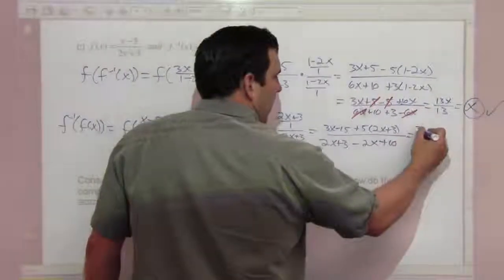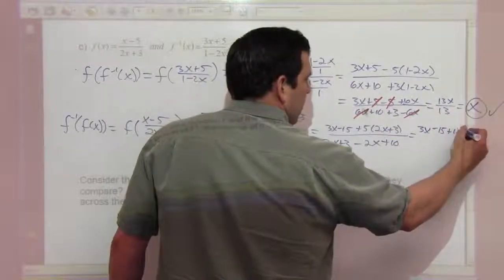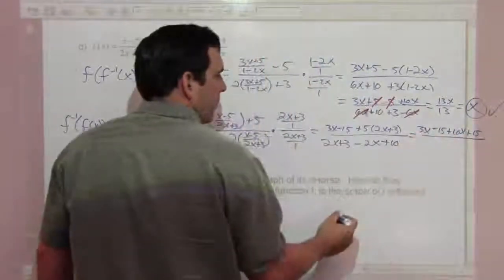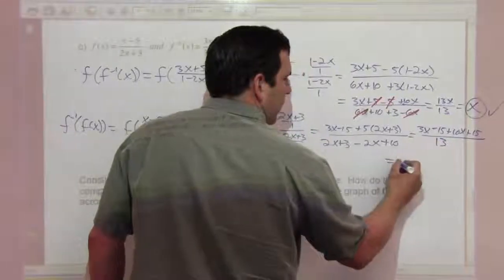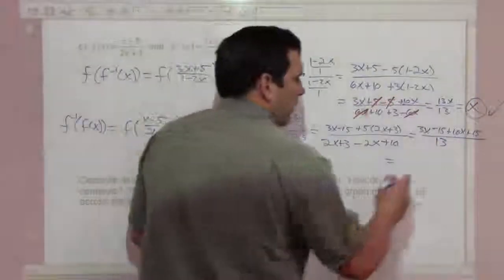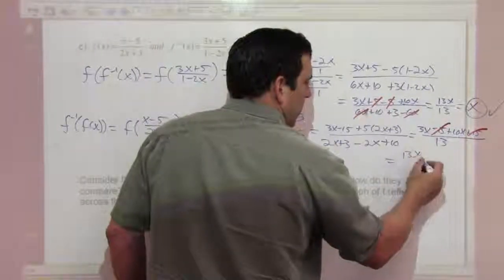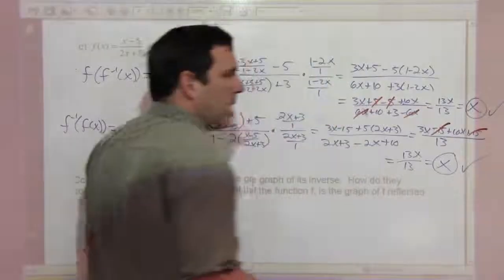So we have 3x minus 15 plus 10x plus 15 over, the 2x's go away. We have 13 down below. Up on top, the 15s go away. It's 13x over 13, which is equal to x. That worked. Yay!